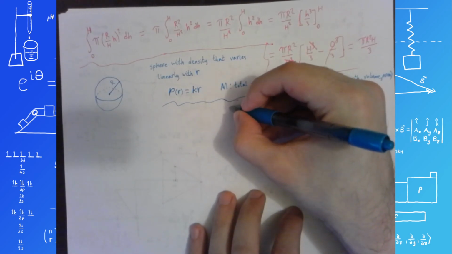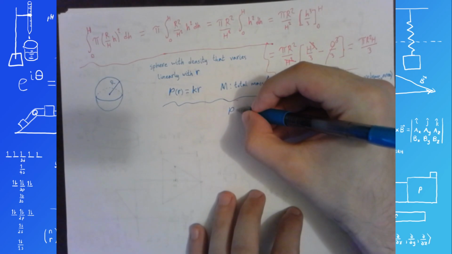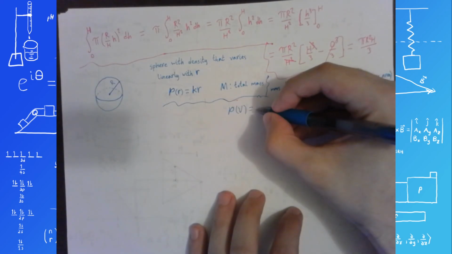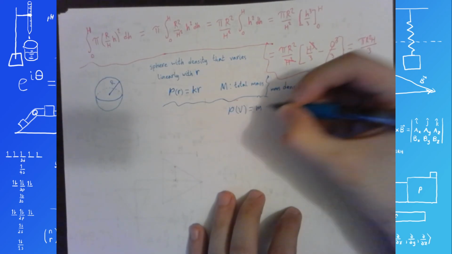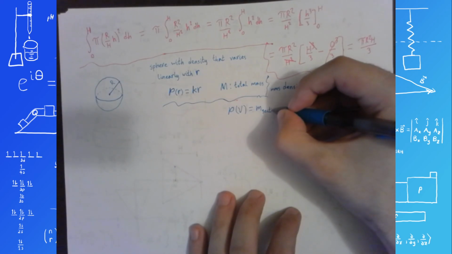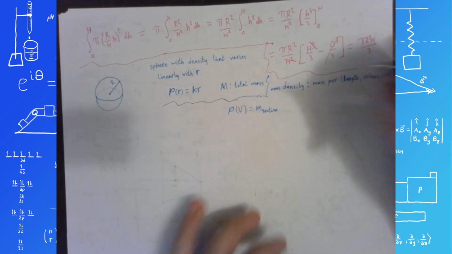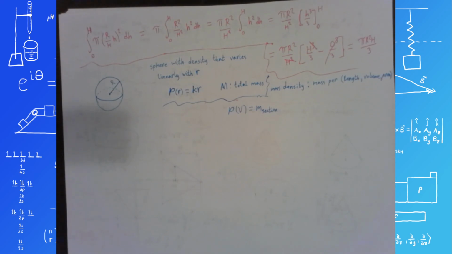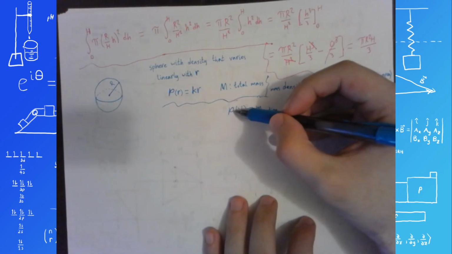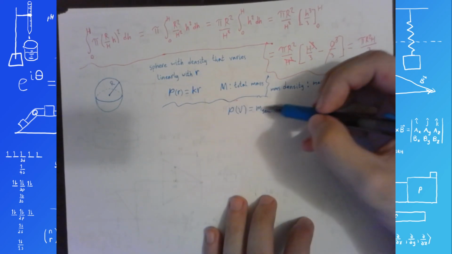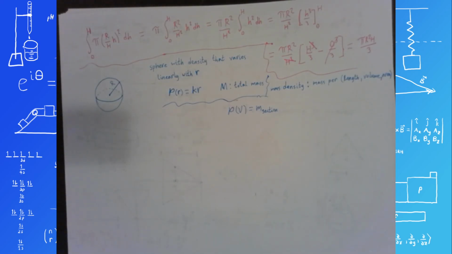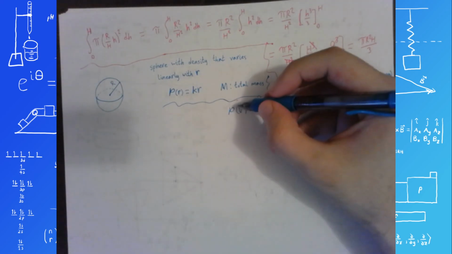So mass per volume times volume equals the mass of an individual piece or section of the overall thing. Mass density times volume, in this case, would give me the mass of a particular piece, assuming, of course, that your density was constant.